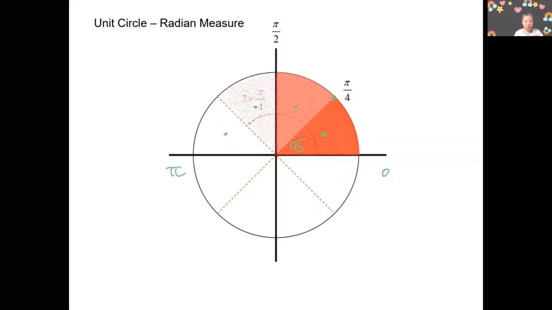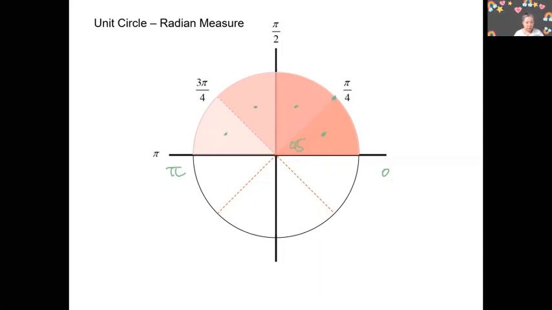Then if we have one more, it's 3 pieces of pi over 4. It's literally 3 pi over 4. And we go one more, so then it's going to eventually make pi. It's also 4 pieces of pi over 4, and you reduce it, and then it's pi.